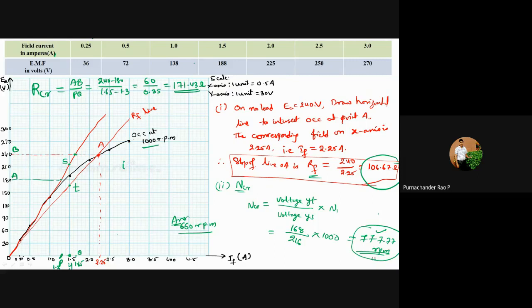So the first thing is satisfied now, your RF is less than RCR, and the second thing is your N is greater than NCR. So these two conditions are satisfied for the buildup of the voltage. These are the conclusions from this problem, and this is the way of finding the critical field resistance and critical speed.